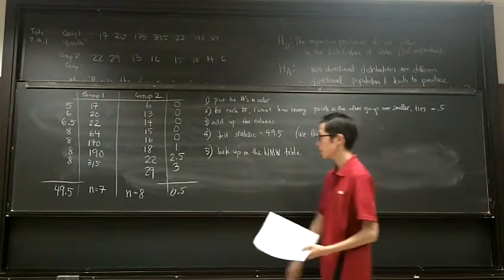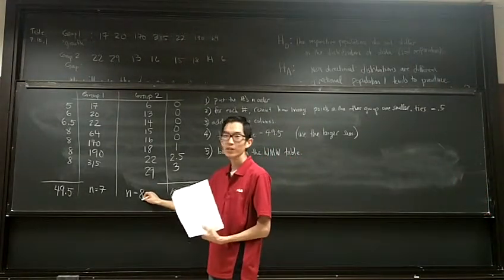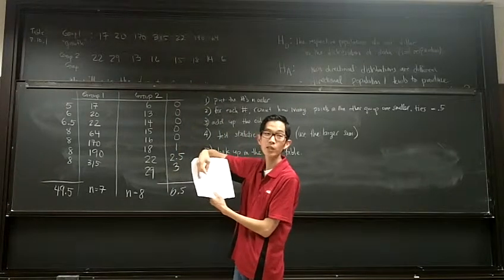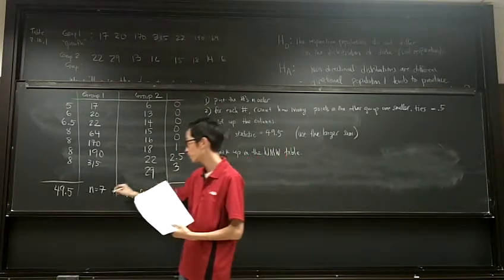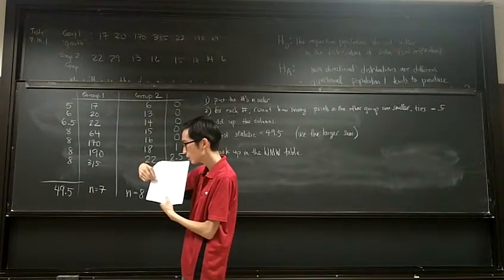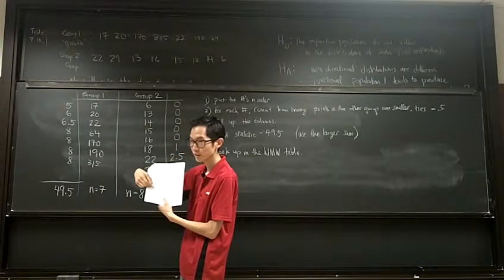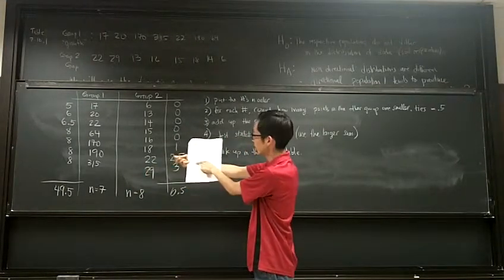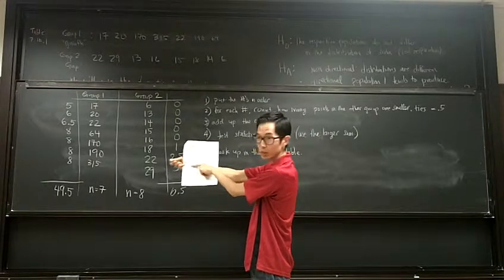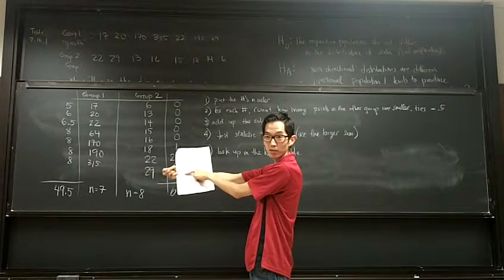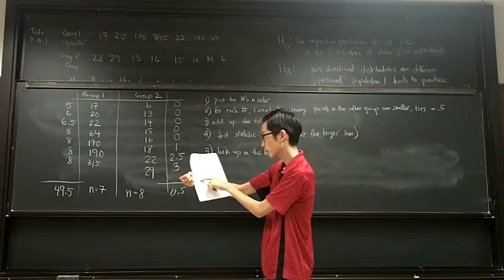So here you take the larger n, and that's going to be the first number you look up, and then you go to the row with the smaller n. Okay, so I'm going to find 8, and then I'm going to go to the 7. I'm about 2/3 of the way down the table, and I'm in this row 8, 7.